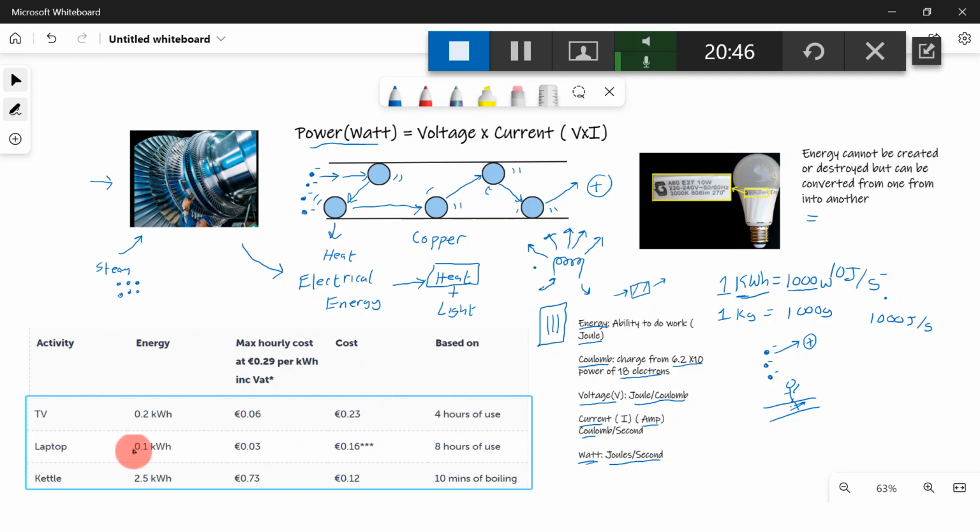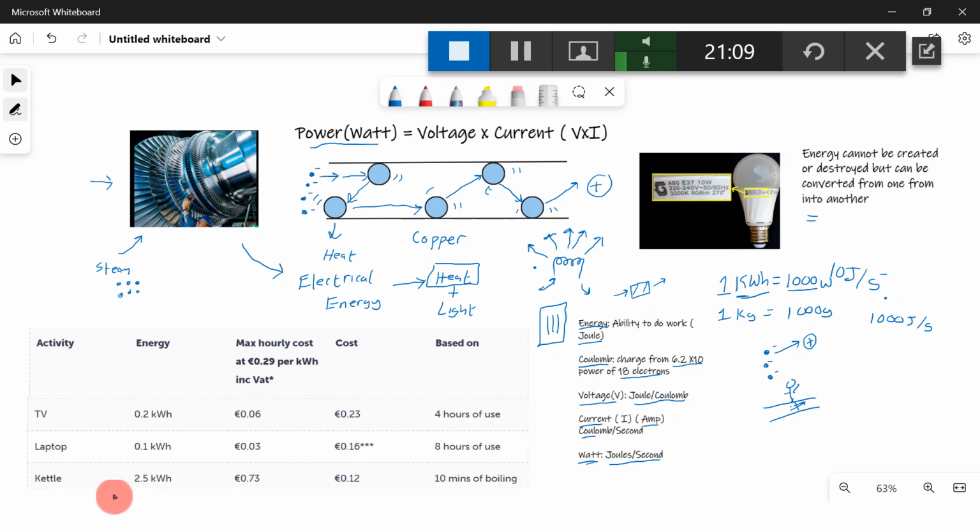If you take a laptop, for example, it uses about 0.1 kilowatts. That's how much energy it needs in order to run. So that costs roughly about 3 cents per hour. And if you were to run that for 8 hours, it's costing you roughly about 16 cents.